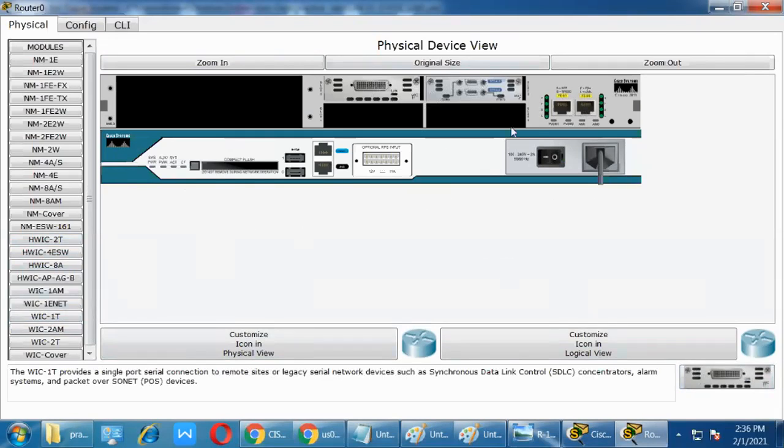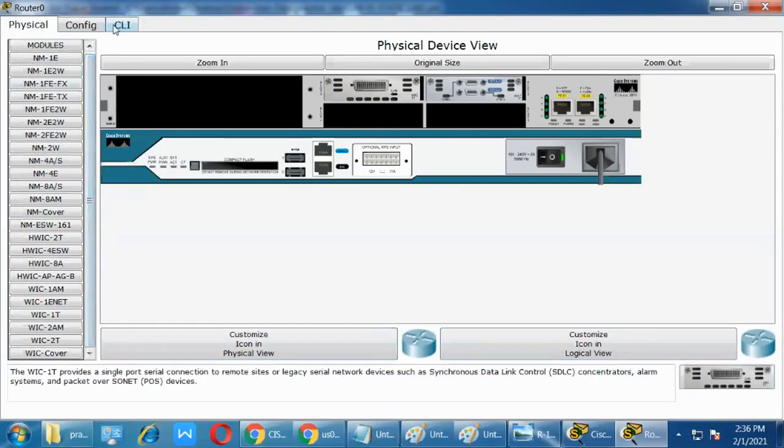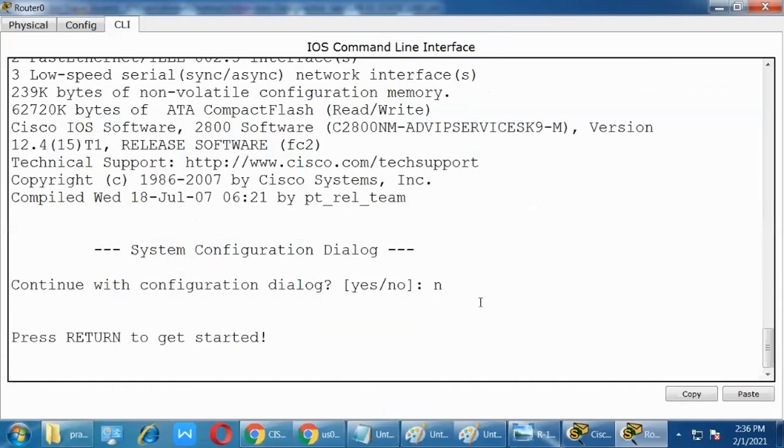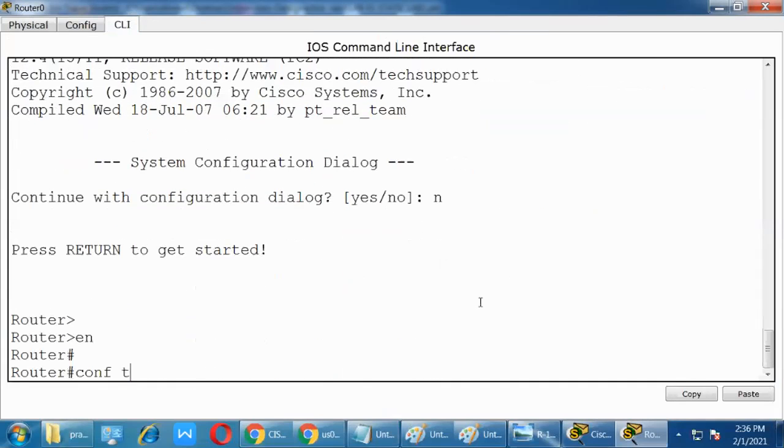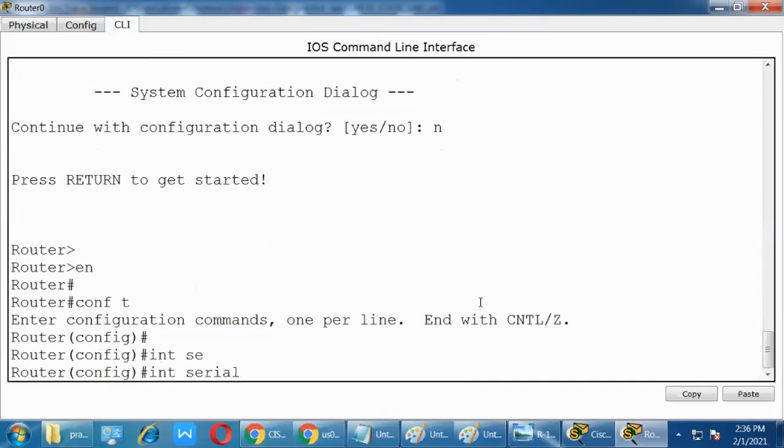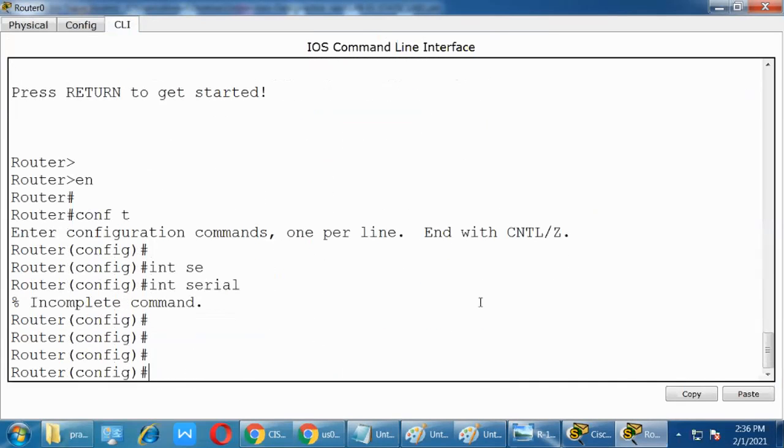This is the router. Clear? You are able to see, right? Yes, this is the serial 60 pin and this is the smart serial port. On Cisco, this is called the serial interface. So interface serial, like that you can go.